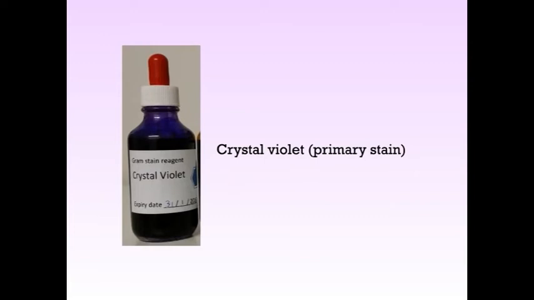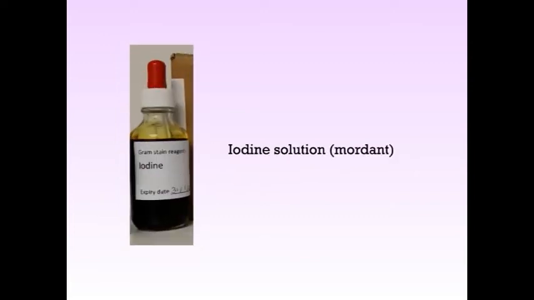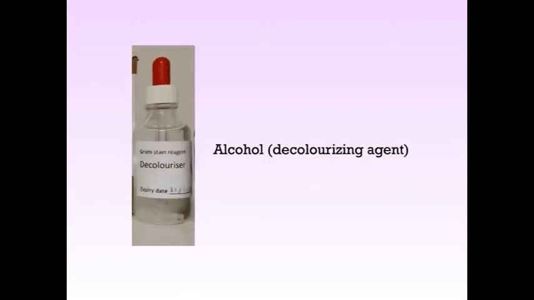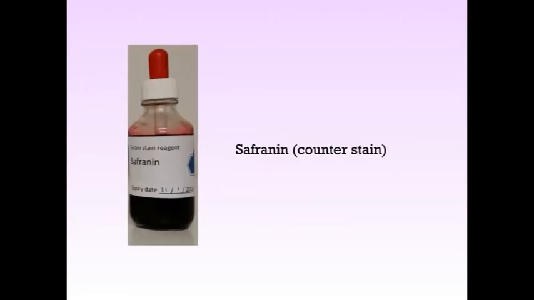In this process, the fixed bacterial smear is subjected to 4 different reagents: crystal violet, which is the primary stain, then iodine solution, which serves as a mordant, then alcohol, which is a decolorizing agent, and finally safranin, which is the counterstain.